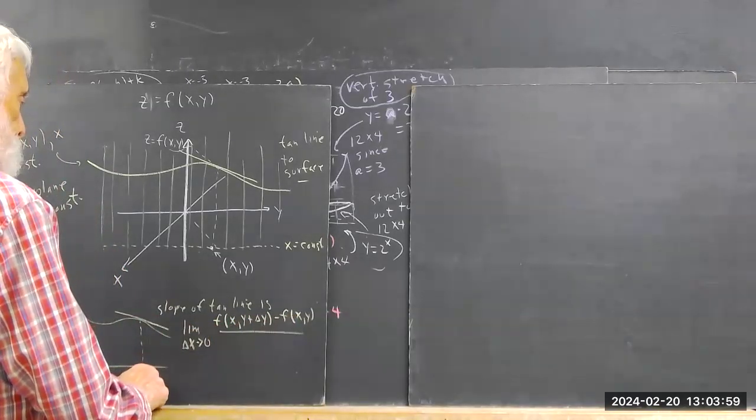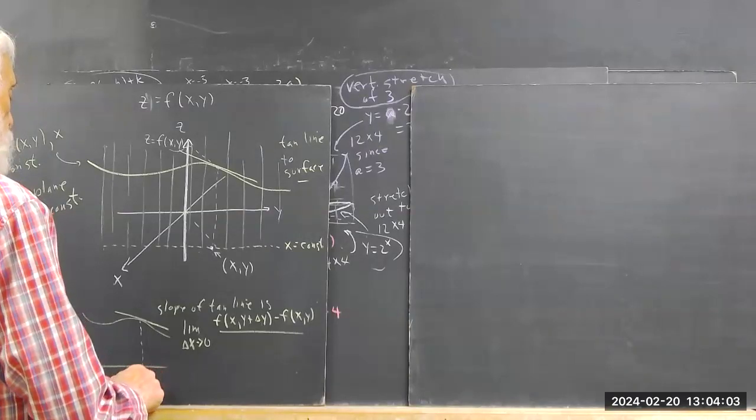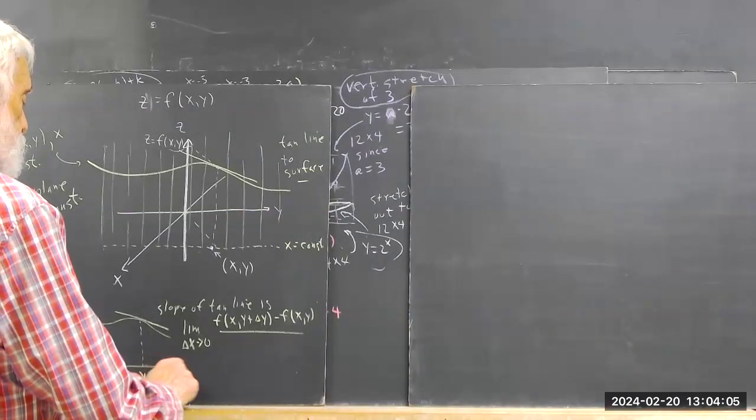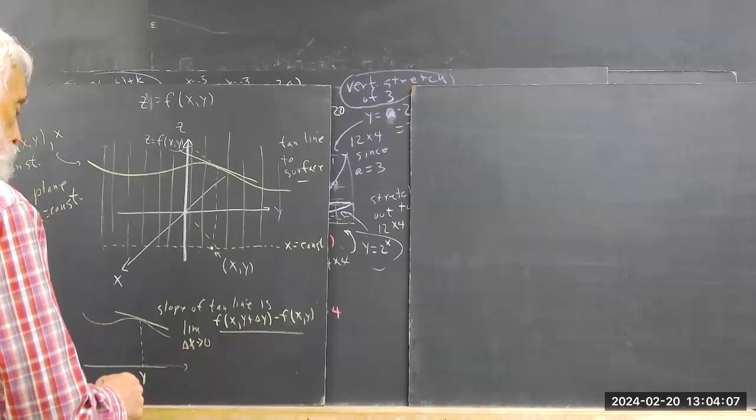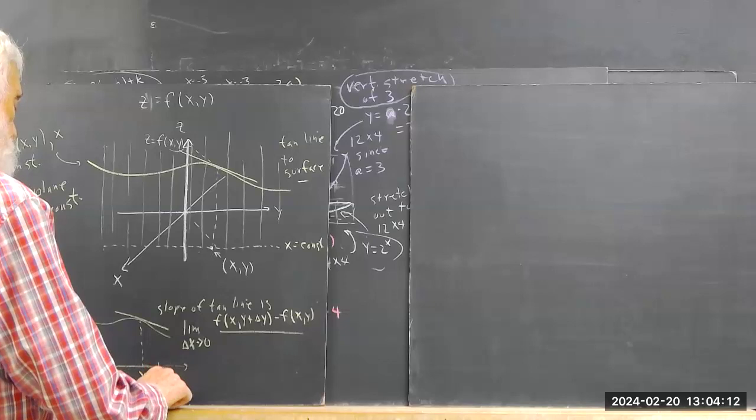So we've got y here. And this axis goes in the y direction. And let's say we've got a y plus delta y.